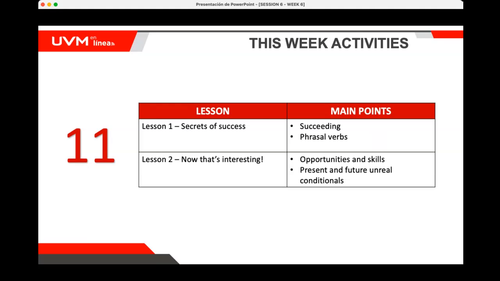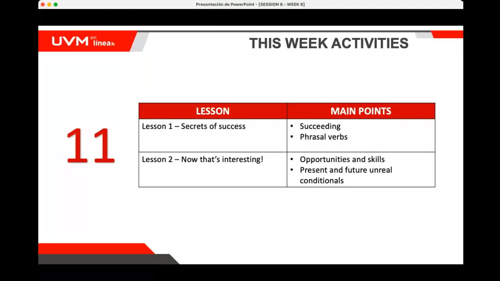I think this is a very important issue that you need to pay attention to, because it's very important for us to start working with phrasal verbs in the correct way. And then in Lesson 2, again, a very important topic for intermediate English level: present and future unreal conditionals.